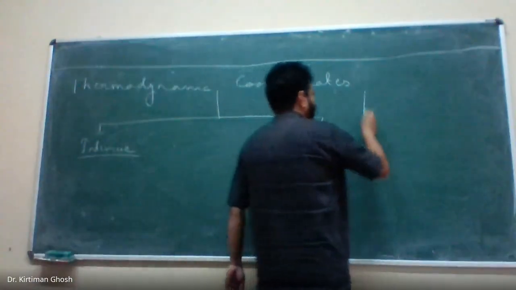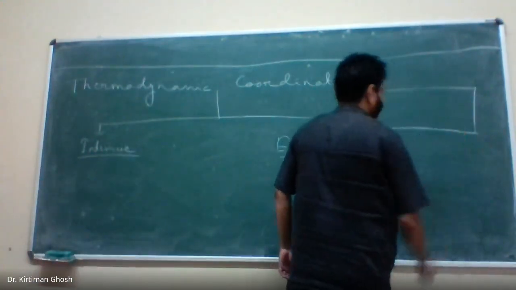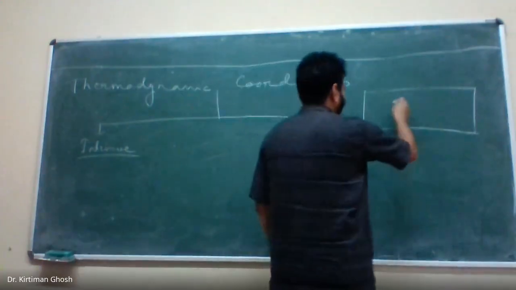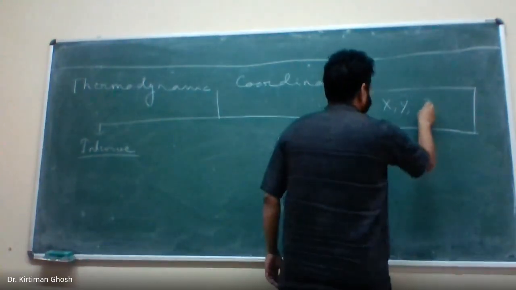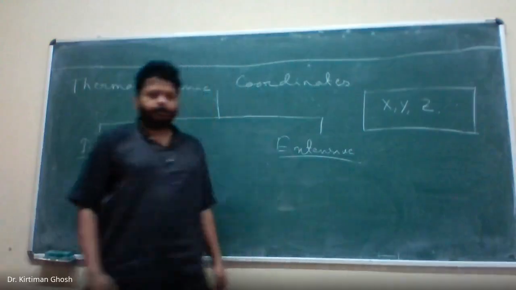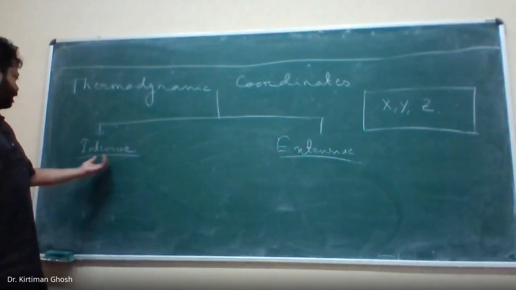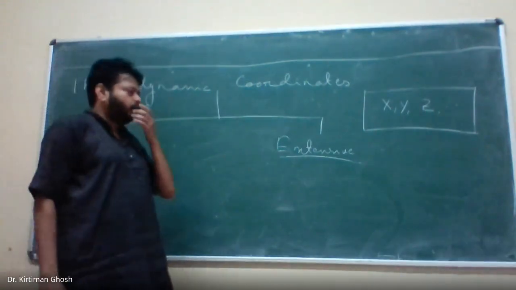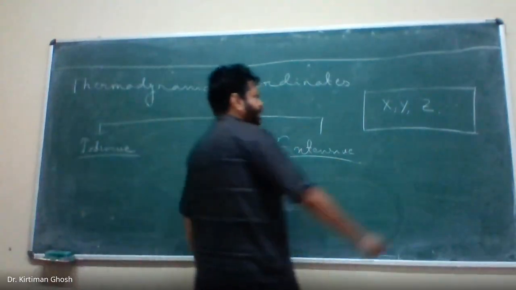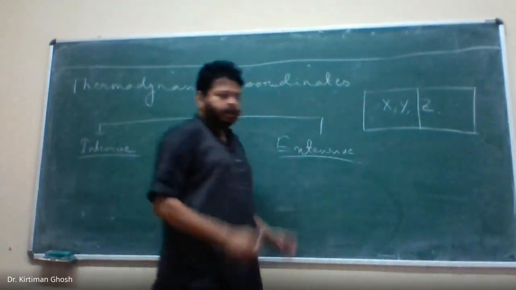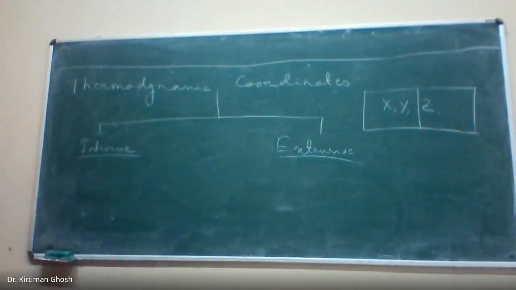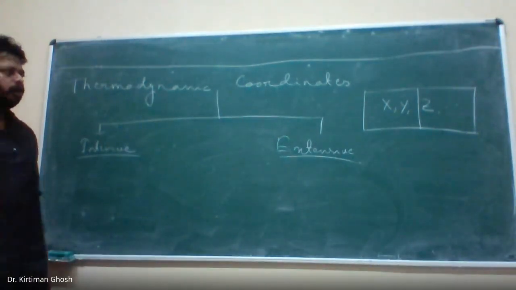You might take a thermodynamic system. It is explained by some thermodynamic coordinates x, y, z, etc. Now, among these thermodynamic coordinates, I can categorize them as intensive or extensive depending on their properties. I can split the system into two halves. Some of the coordinates will be divided by a factor of 2, and some of the coordinates will remain the same.